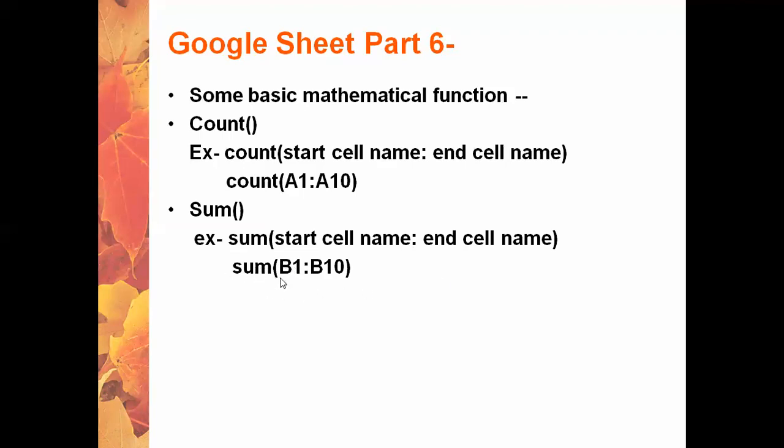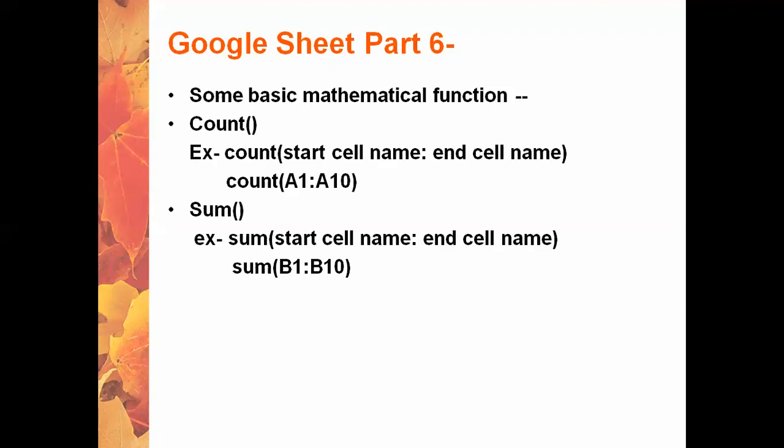Suppose that we want to sum the total fee collected. Suppose in our Google spreadsheet we have the fee in front of each student, how much fee each student has submitted.